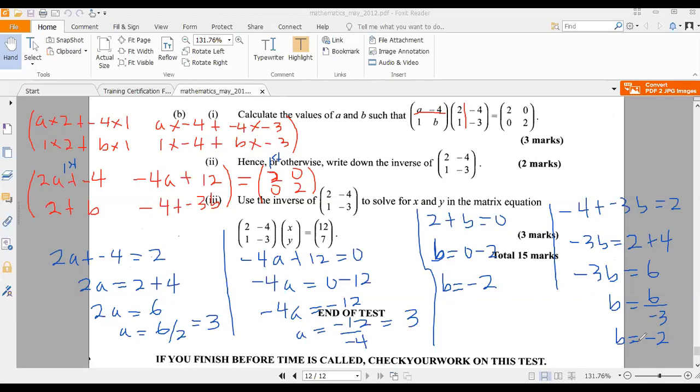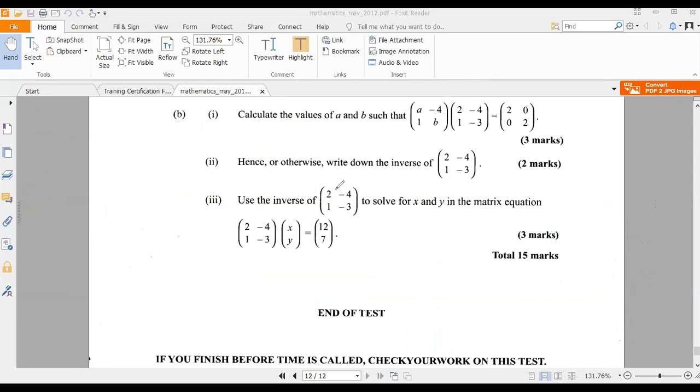Yes, sir. All right, I'm going to clear the screen. Remember, we are doing the May 2012 paper.